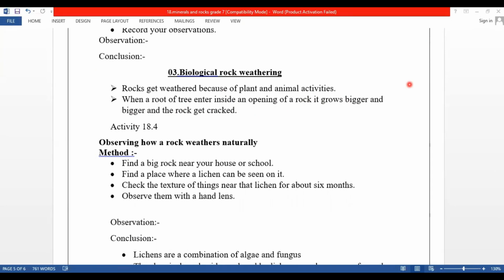I'll show you a picture in your textbook like this. Rocks are breaking into small pieces due to the growth of the plant. That is biological weathering. This weathering is happening due to animal and plant activities.